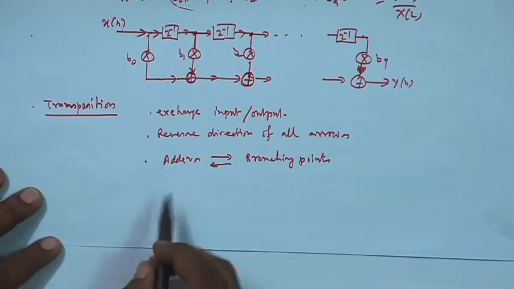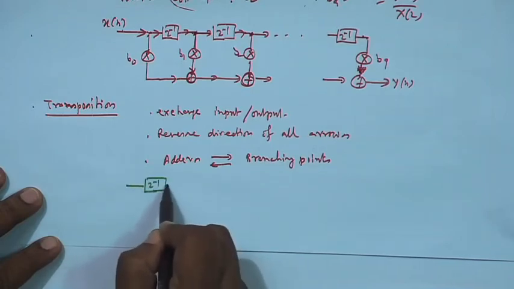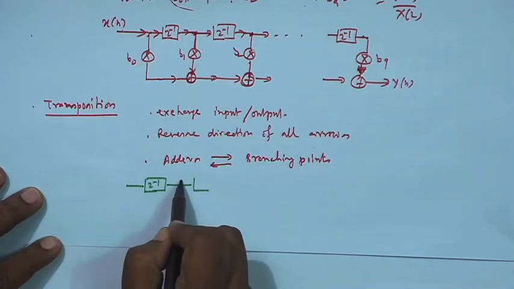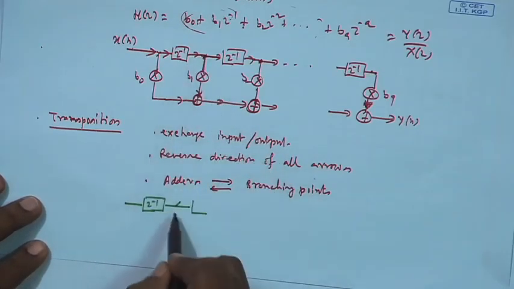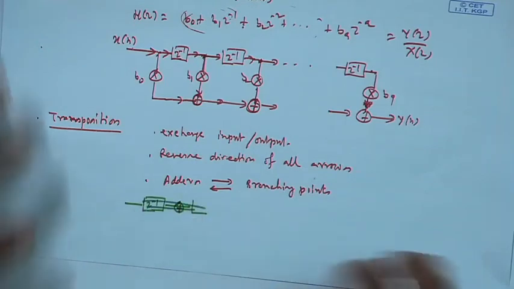So, here the delays remain as they are, but you see the arrows are reversed. There is a branching point. So, branching point means adder. Let me draw it in another page.